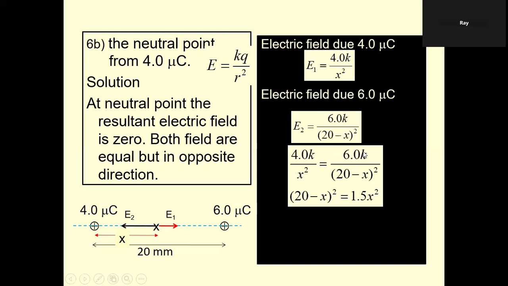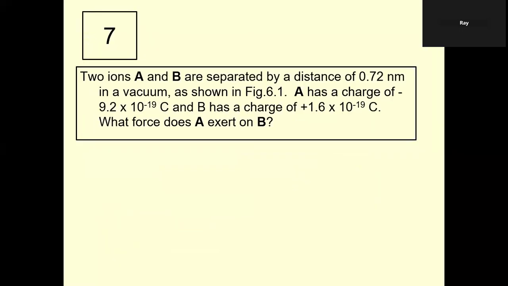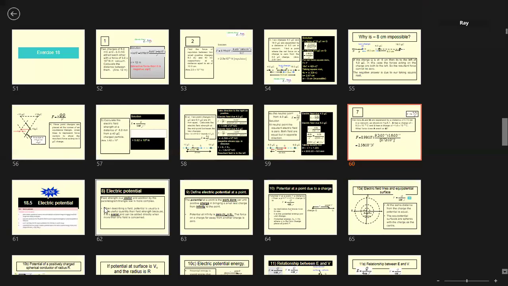Take X squared across, take 20 minus X across, and square root it. Okay. We choose a positive one now. Can or not? Okay, you won't bother about this one. You can try that yourself.